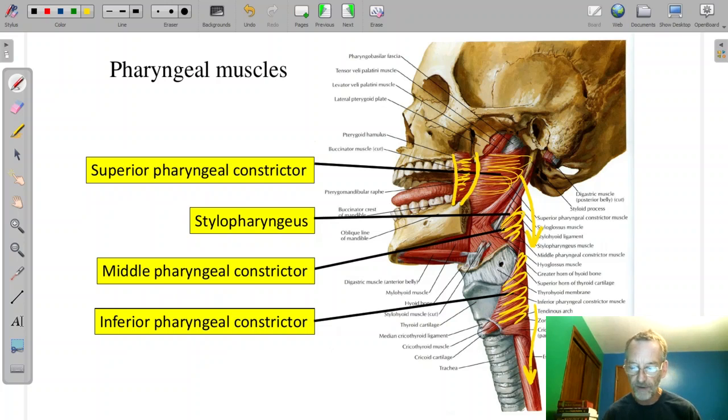Okay, the stylopharyngeus, let me clean up this a little bit. So the stylopharyngeus is running from the styloid process again down into the pharynx. It's very difficult to see in this view, but there is a stylopharyngeus muscle.